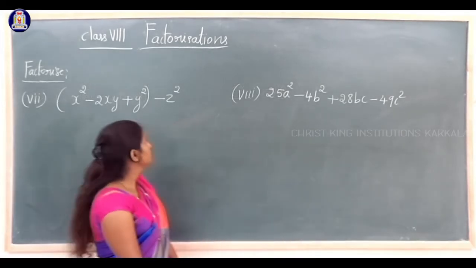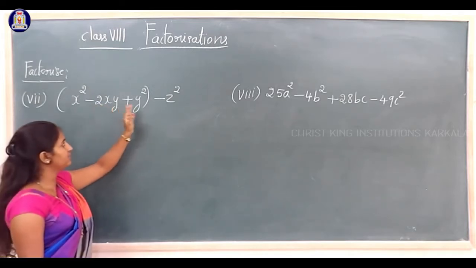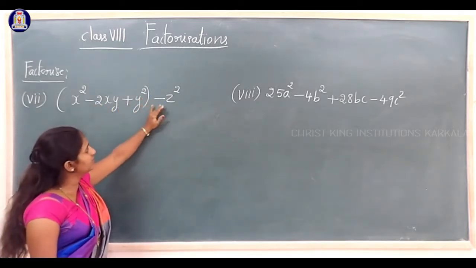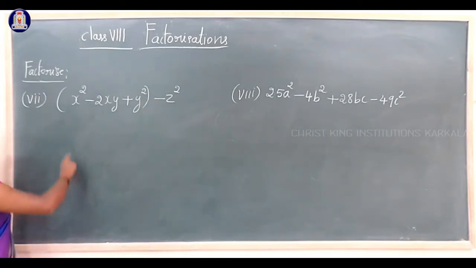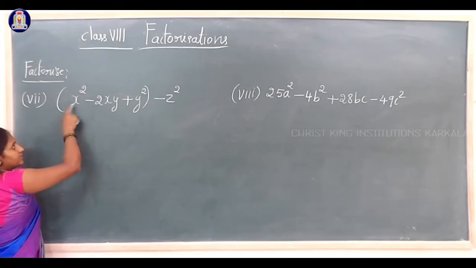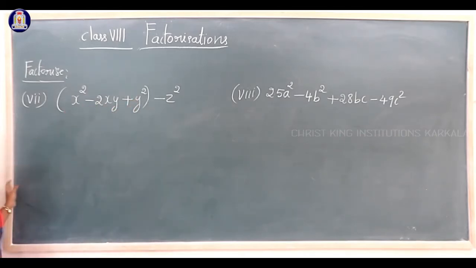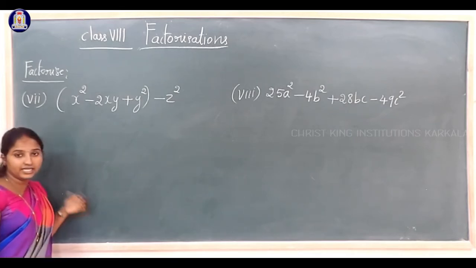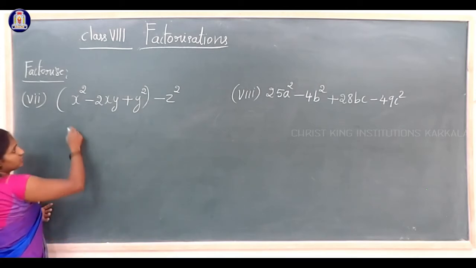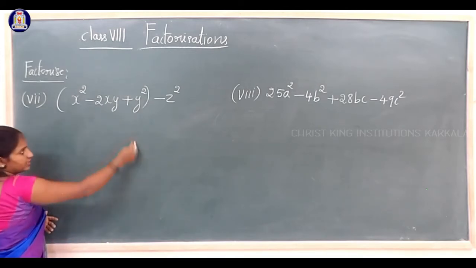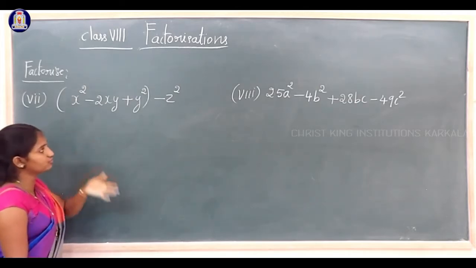Okay, the next question. Factorize x square minus 2xy plus y square minus z square. See, the first part of the question is in the form of a square minus 2ab plus b square. Is it correct? Can you use the second identity? The question is in the form of the second identity; we cannot use any other identity like the third identity here.